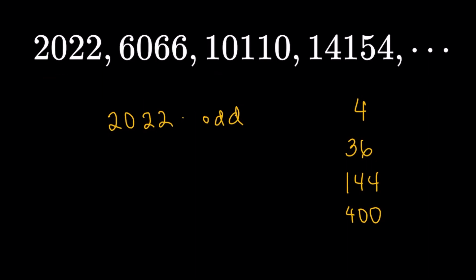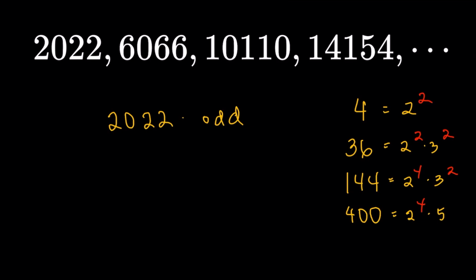Let's try to take a look at some of the perfect squares. In particular, I'm going to take a look at the prime factorizations here. 4 is 2 squared. 36 is 2 squared times 3 squared. 144 over here is 2 to the 4th times 3 squared. And then 400 is 2 raised to the 4th times 5 squared.